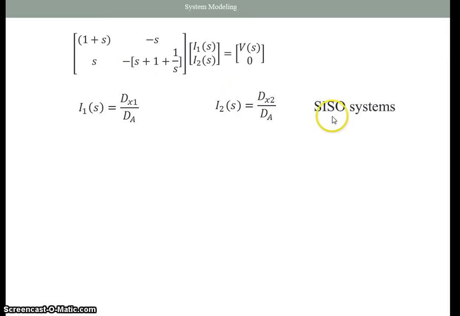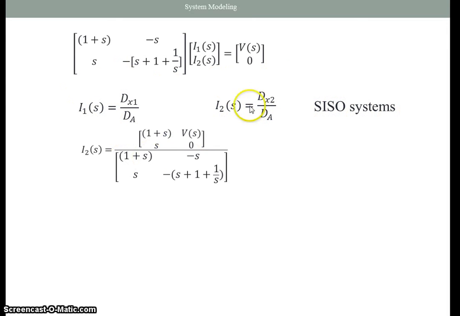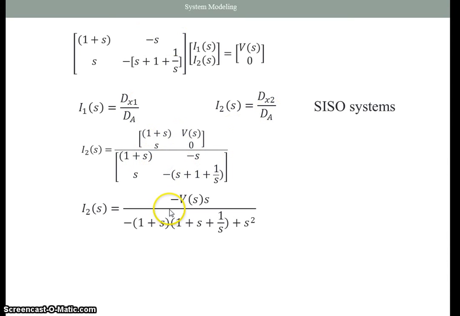But since we are using single input, single output analysis in this module, we will be using I2 as our output. So to do that, we will just substitute the constant on the second column of this matrix A divided by the determinant of matrix A. Matrix A, by the way, is the matrix that has been discussed in the previous video.